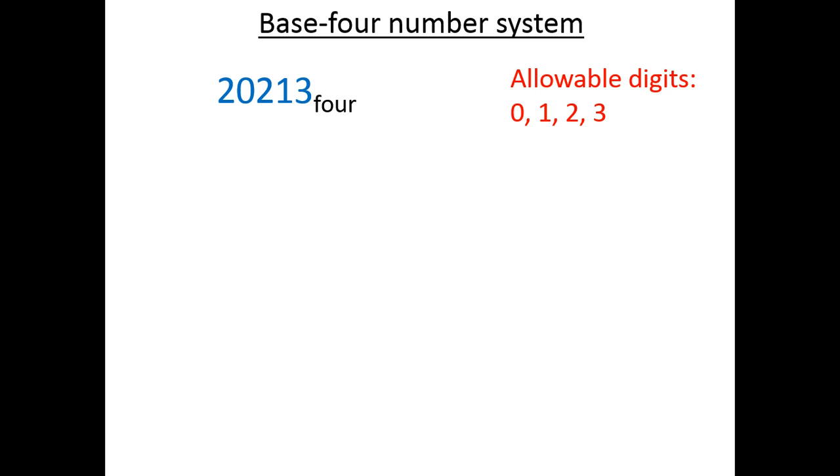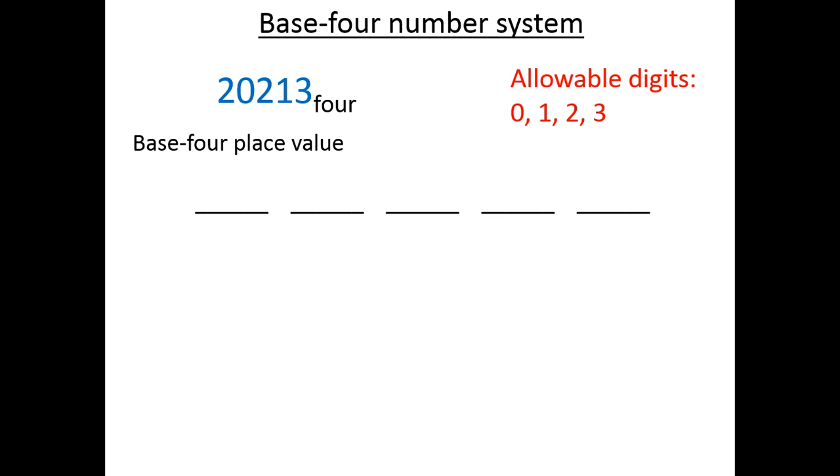Place value for a base 4 number system would start off with the rightmost digit representing ones, and since we're grouping by 4s, the next digit to the left would be groups of 4. The next digit to the left of that would be groups of 4 4s or 16s. To the left of that is groups of 4 16s or 64s. To the left of that is groups of 4 64s or 256s.